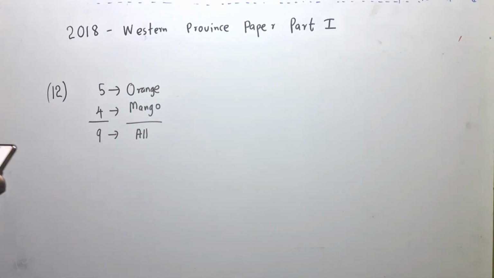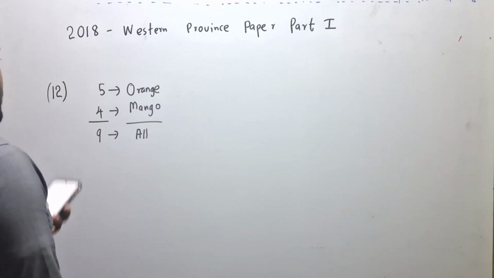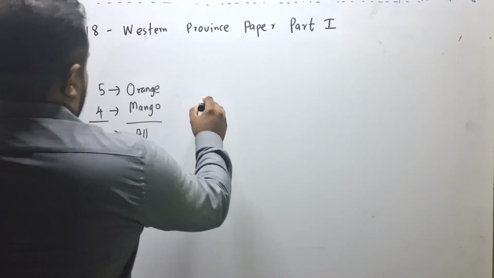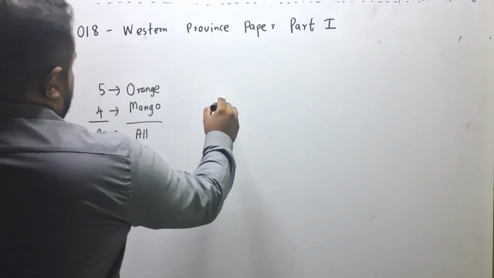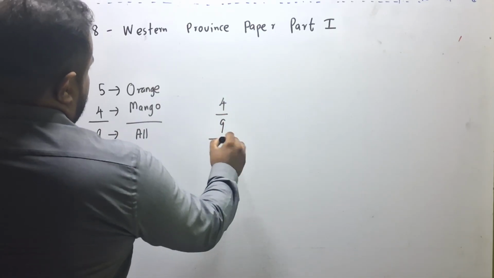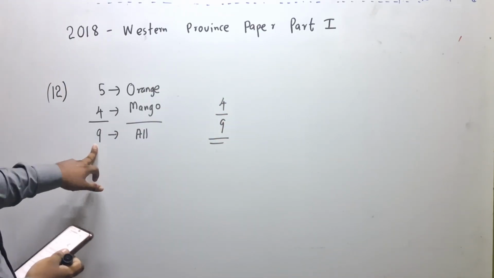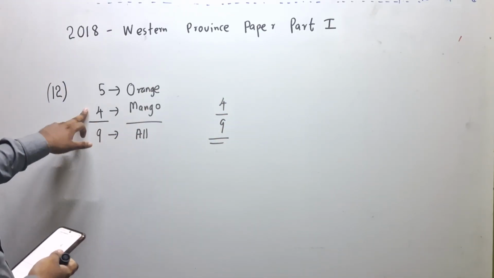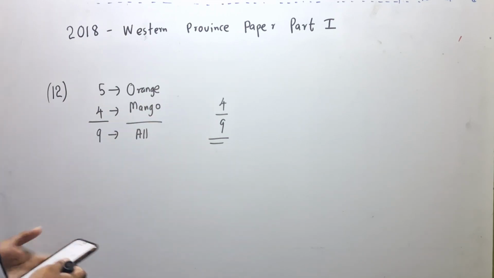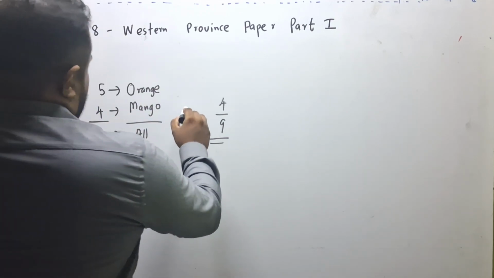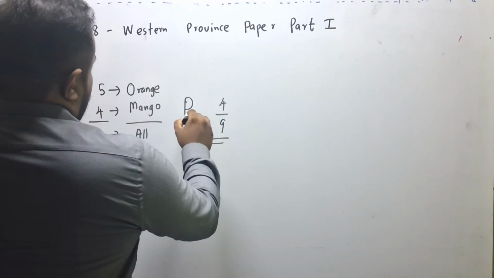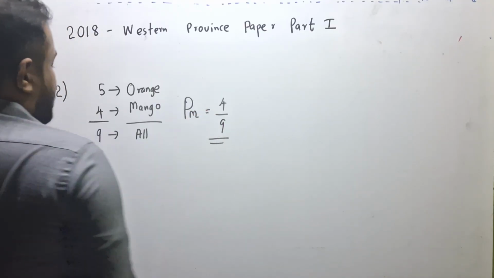They are asking the probability of being a mango flavor. All is 9, mango is 4, probability is 4 out of 9. Okay. Probability of being mango is 4 out of 9.